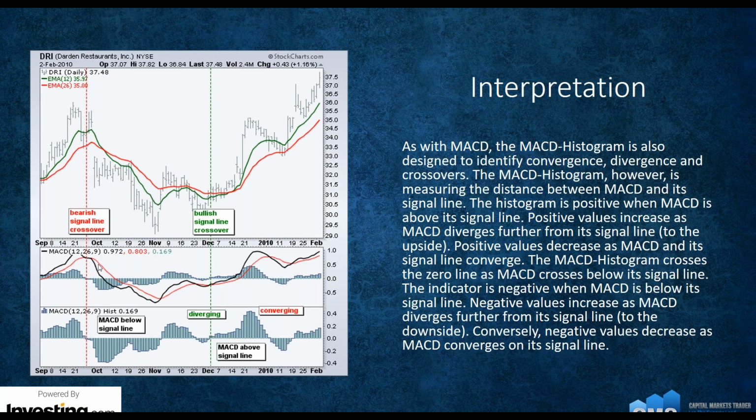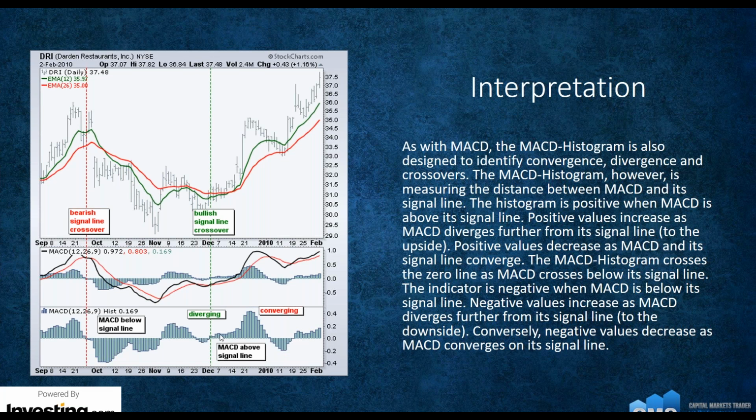If the signal line is lower than the MACD line, you're going to have negative numbers, so it's going to come downward on the histogram. If it's moving in the opposite direction, it's going to come upward. And then you can start seeing the strength of the movement by the height of the histogram and how dramatic that histogram is changing.